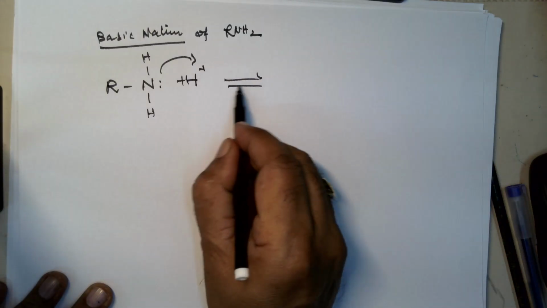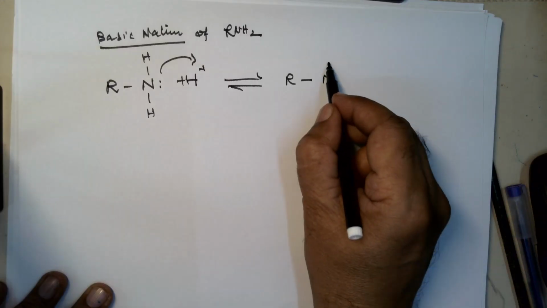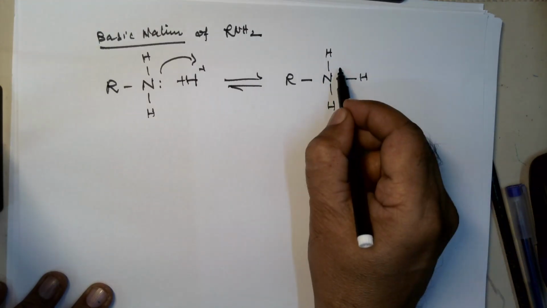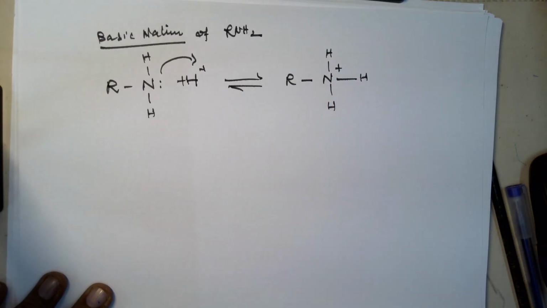That is, a pair of electrons is donated to the hydrogen atom, that is the proton H+, so that it gives RNH3+.